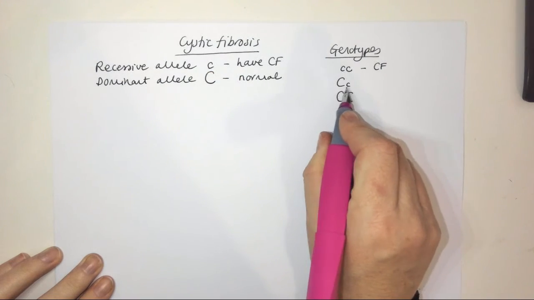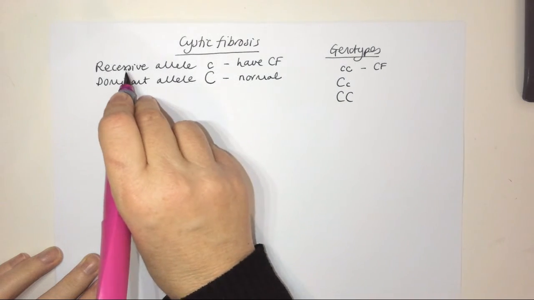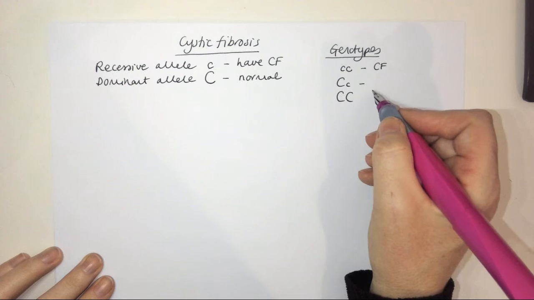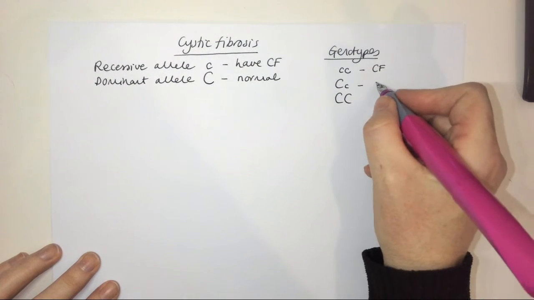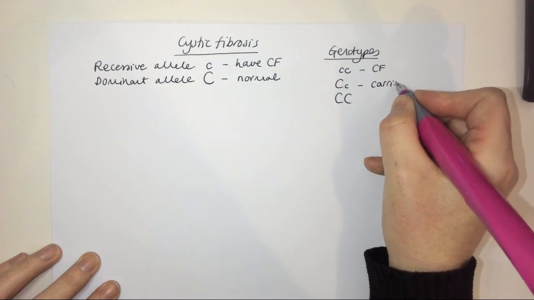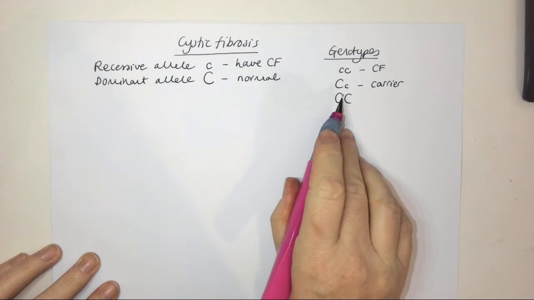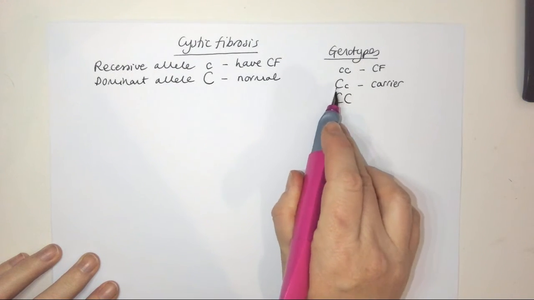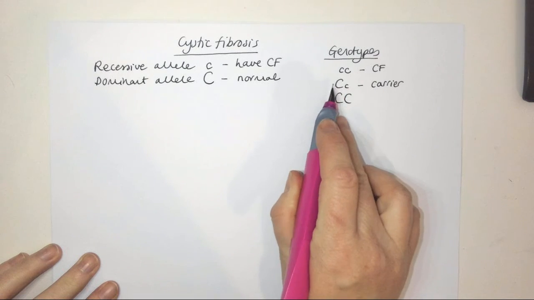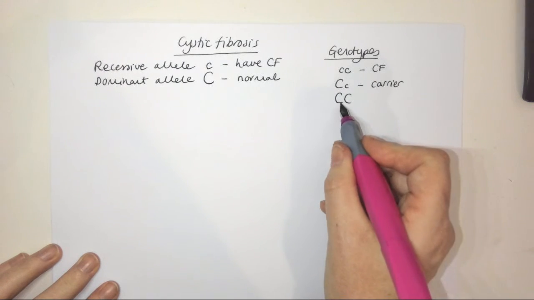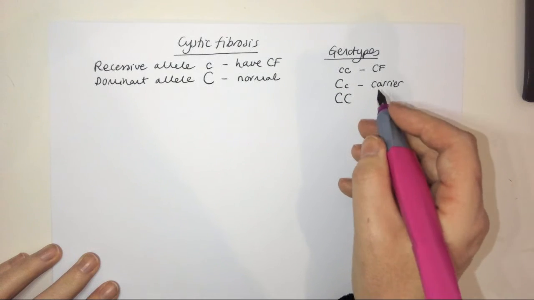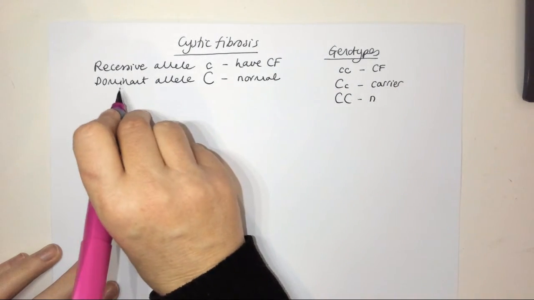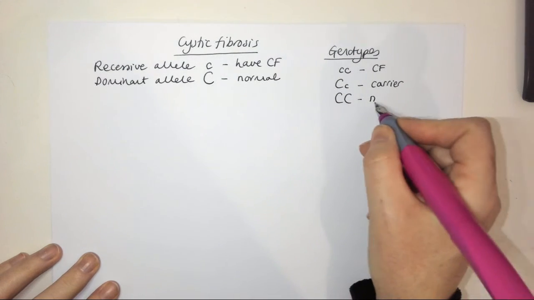If you have a big C and a little c, representing the dominant and the recessive allele, then you're not going to have any of the symptoms, but you are going to be a carrier. It means that there's a potential to pass on that allele to the next generation, but you yourself will not experience any of the condition in the phenotype. And the two big C's is just the normal dominant homozygous condition.